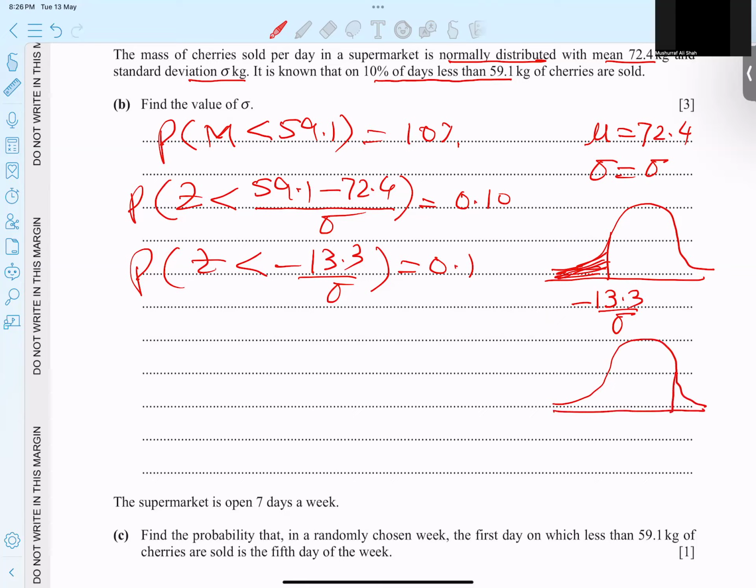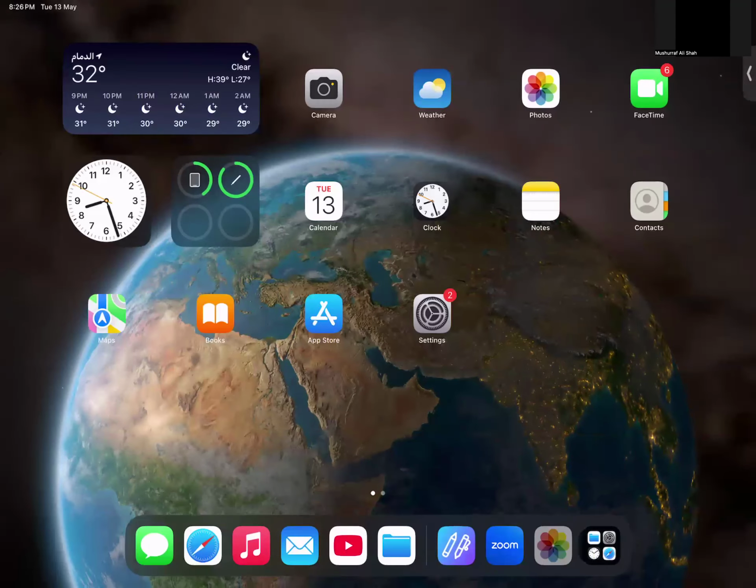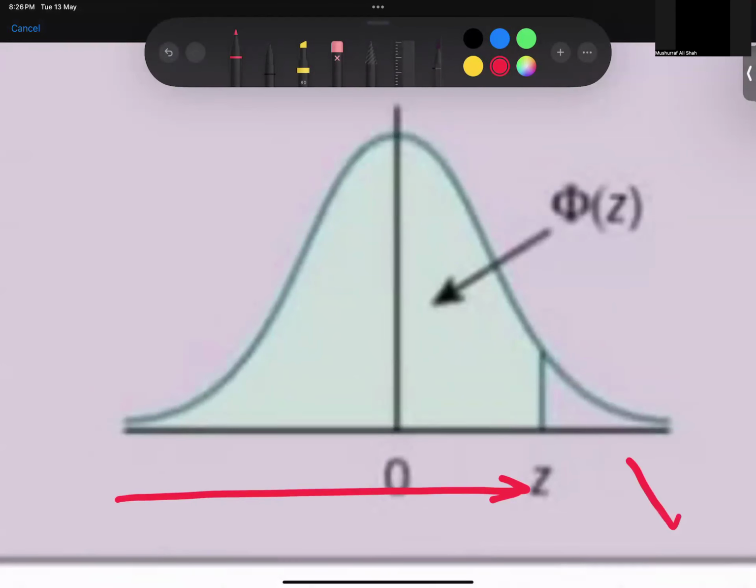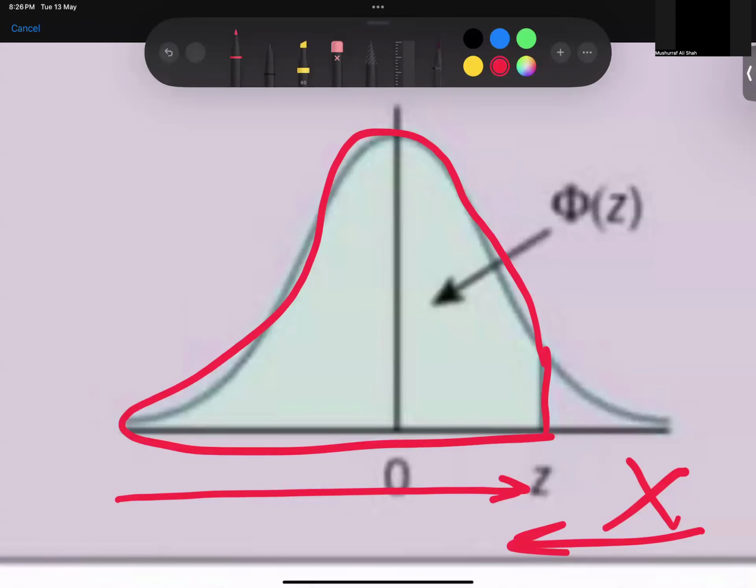So because the diagram is symmetrical, what I'm going to do is convert the same value into the positive section, and this area and this area are 100% the same. This white region is called phi of 13.3 by sigma. Basically, if you see the diagram on the top, this value always gives you area from the left side. It never gives from the right side, never. So this is called phi of this.